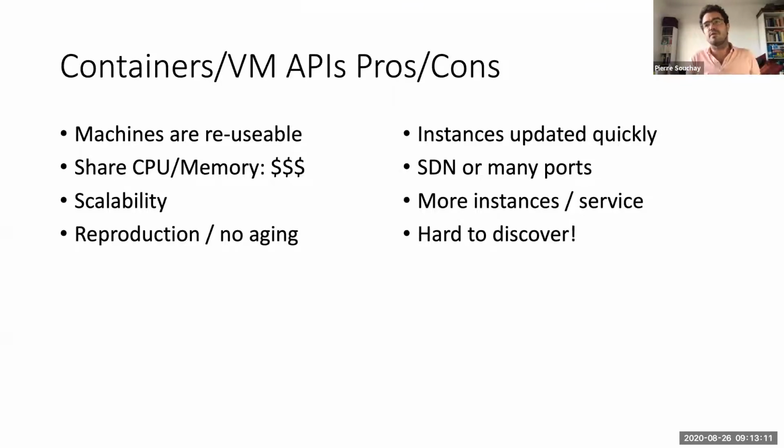So those are the pros for containers or virtual machines, but there are also some drawbacks. The first drawback is as soon as you start having containers, your database is not enough to keep track of all the changes in your infrastructure.